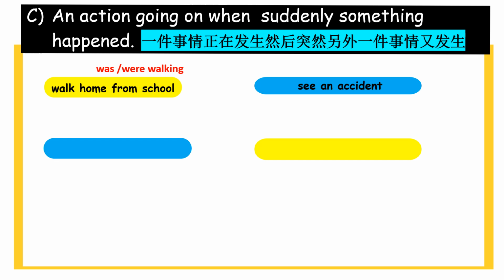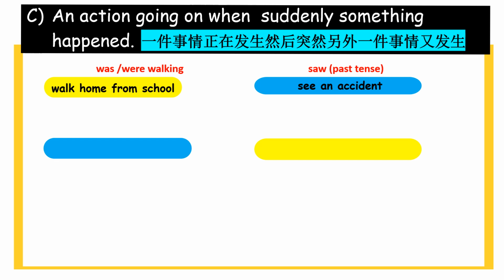Was were walking. And the action that happened suddenly, 那个突然发生的那一件事情呢 you need to use the past tense. Saw. That's the past tense of see. Okay, can you get it? Alright, okay, so that's how you see the difference between the action going on and that suddenly something happened.